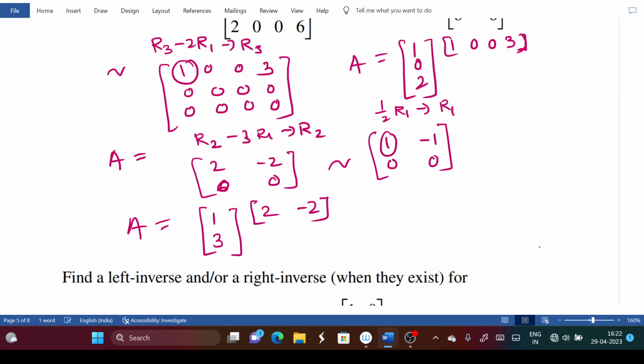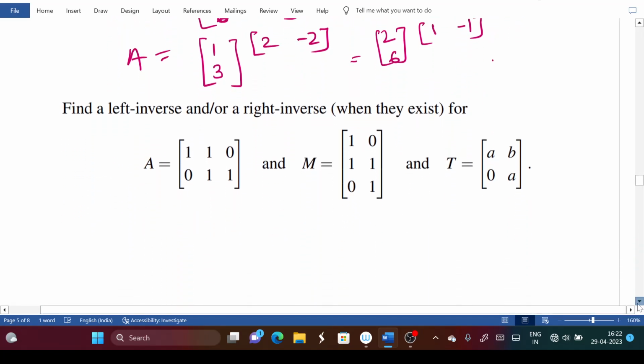Either I can write like this or I can write 2 6, 1 minus 1. Anyhow, any format will give me my A in the required form. Okay, so this question is over.